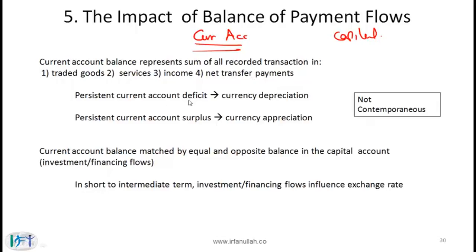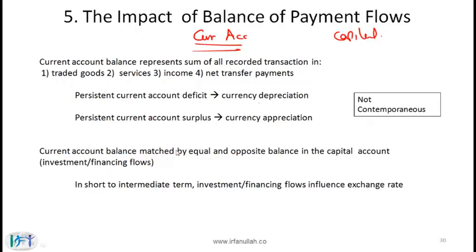A persistent current account deficit typically leads to currency depreciation in the long run, and a persistent current account surplus typically leads to a currency appreciation in the long run. Now again, one needs to emphasize that this relationship is not contemporaneous, which means that it doesn't happen immediately. So just because a country is running a current account deficit doesn't mean that its currency will immediately depreciate.